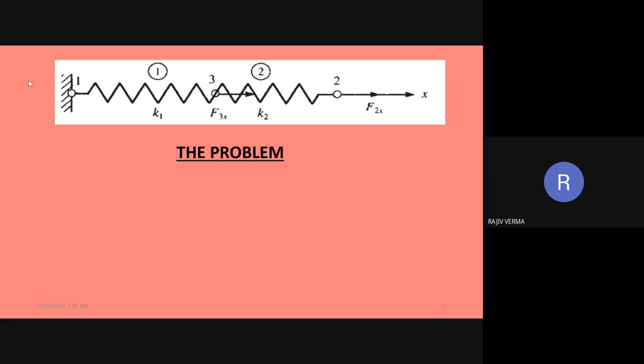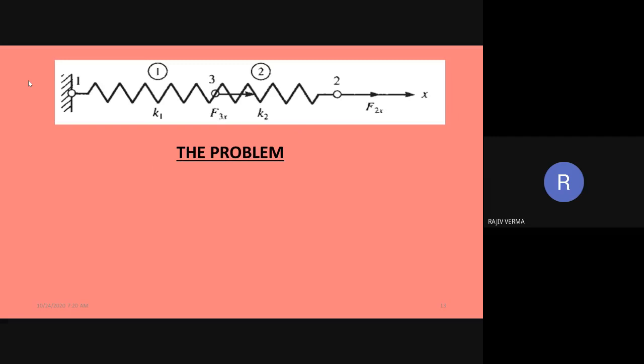One at the left, which is a constraint node. There is a node at the center, that is node number 3, and a node at the right, that is node number 2. Then there are some forces acting at node number 2 and node number 3.